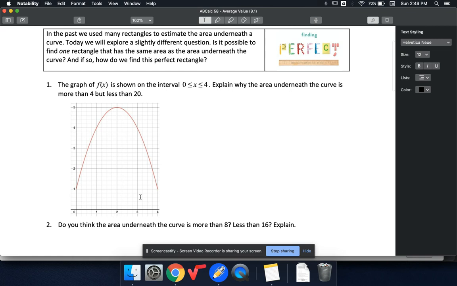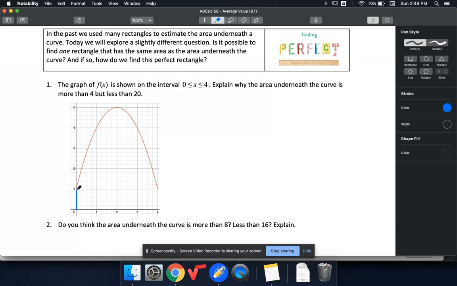So looking at this, I see a rectangle straight away, fully underneath the curve at the two endpoints. This rectangle has a base of 4 and a height of 1, so that has an area of 4. For sure, the curve's area is greater than that because it has all of that plus everything above.